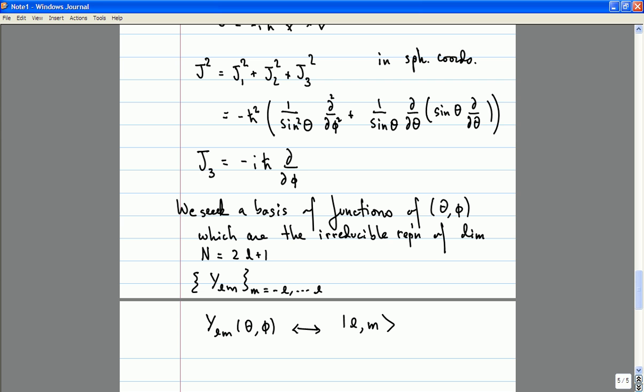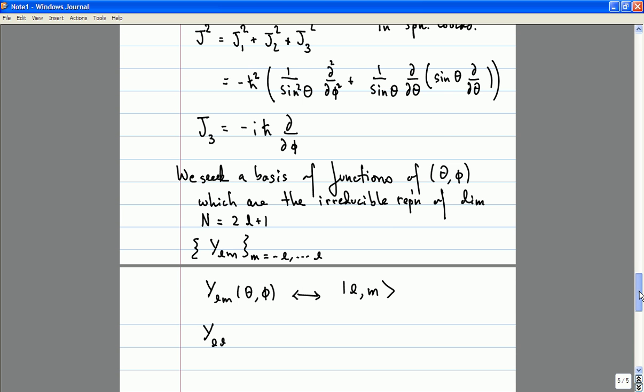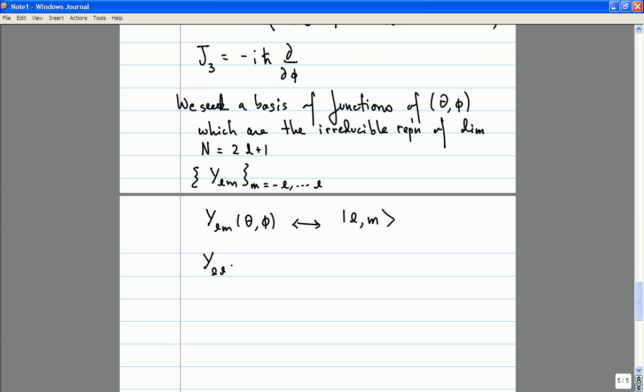So, for example, Y_LL is the function of theta and phi which is defined by the property that it is annihilated by J plus. So J plus acting on Y_LL is equal to 0. And it's straightforward to work out what J plus and J minus are in this Hilbert space.